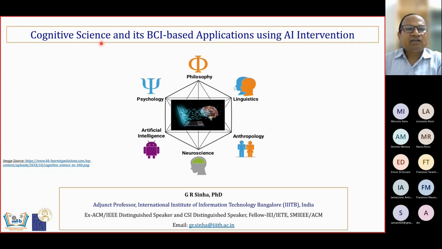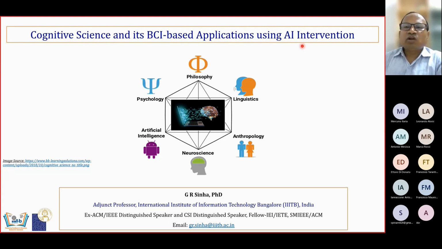We'll understand cognitive science and its concepts, of course what BCI is, a thorough understanding of BCI, the important applications of BCI, and how cognitive science concepts are utilized in all these BCI applications using AI intervention.